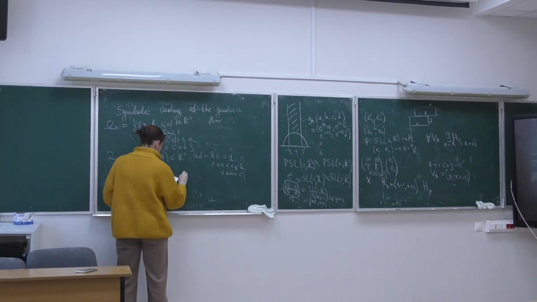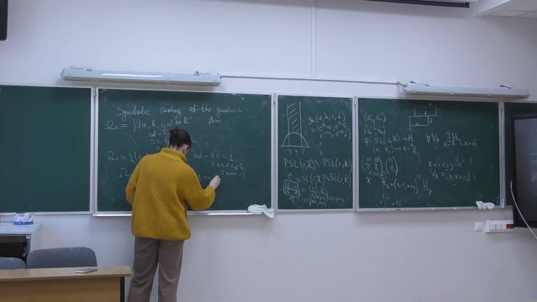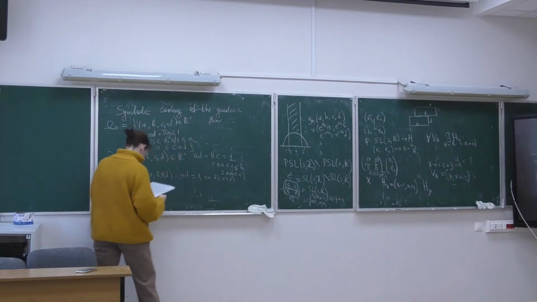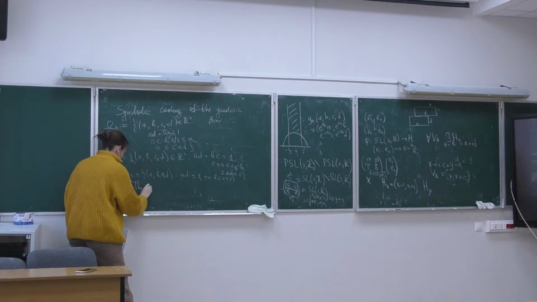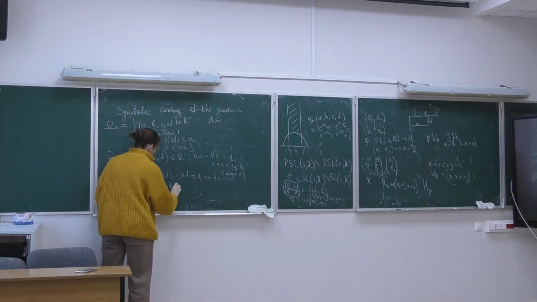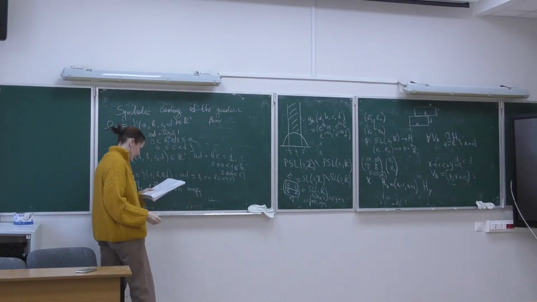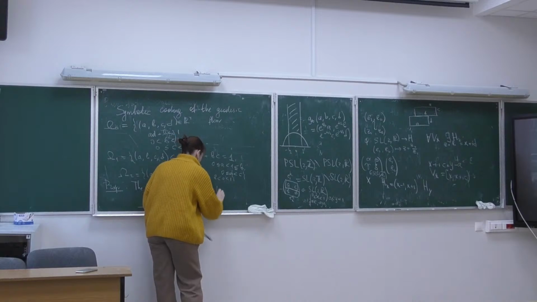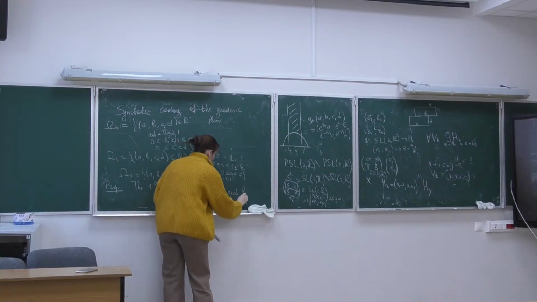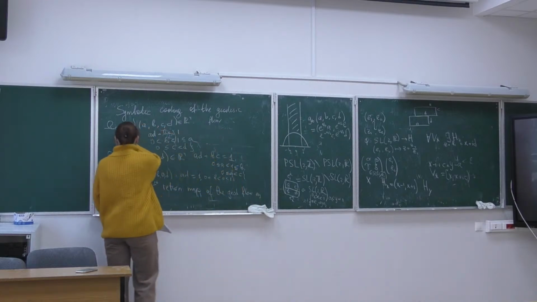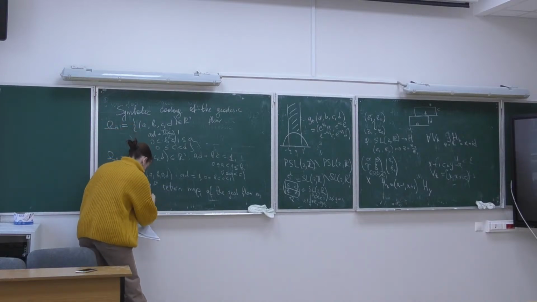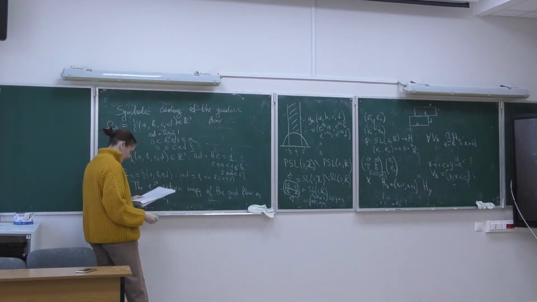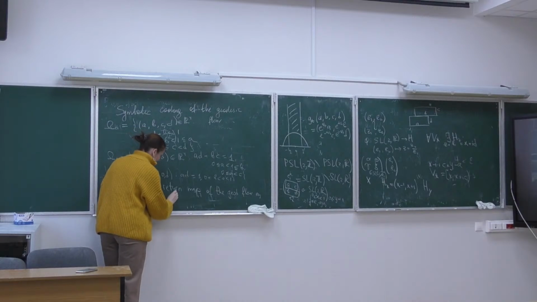C is 0. So we claim that the first return map of the geodesic flow on the union of these two sets is exactly the two-fold cover of the map that we introduced before.